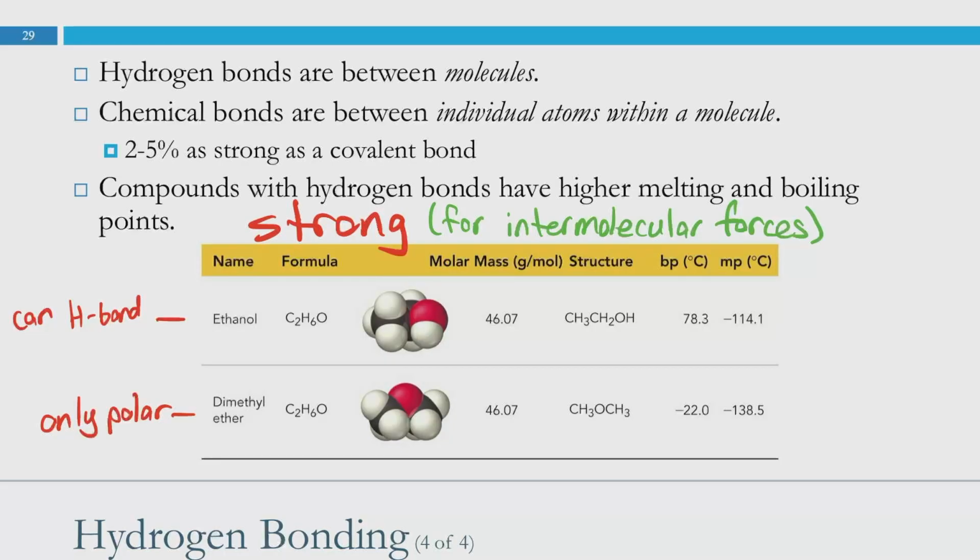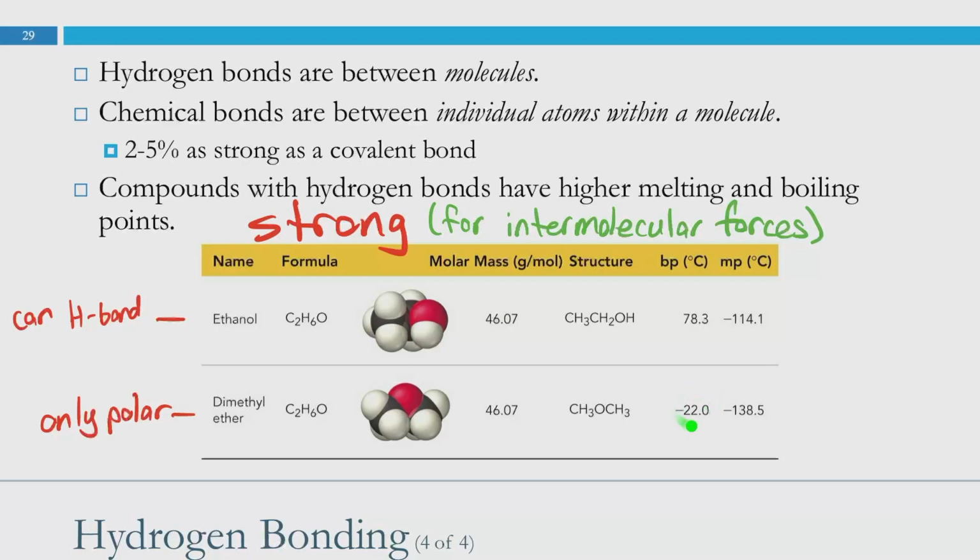Actually, this might not have been what we were looking at. Doesn't matter, it's close enough. If we look at molar mass, they're the same formula, so they have the exact same molar mass. We're not looking at a difference of dispersion forces, just comparing hydrogen forces to polar only forces.